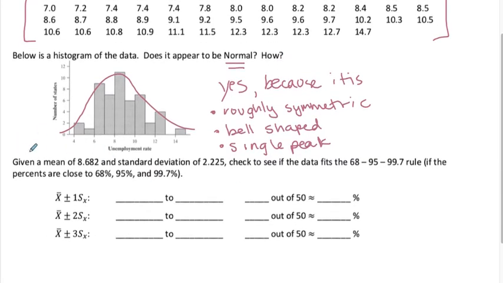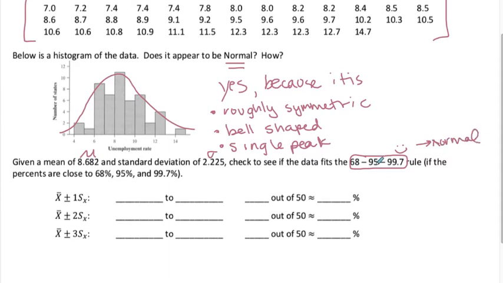When we go here and say, okay, given the mean, so now they're finding that mean for us, and standard deviation, check to see if it fits the 68, 95, 99.7 rule. So if it fits about here, this is how we would know it's normal.